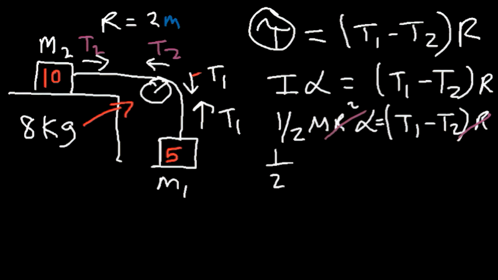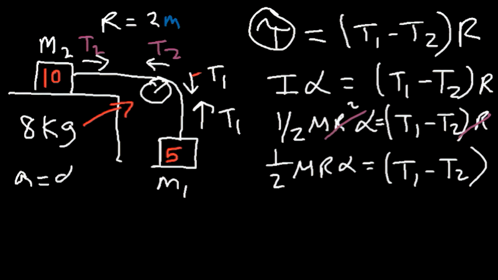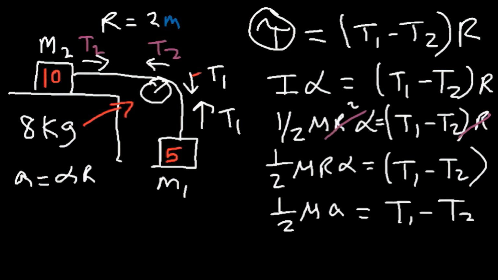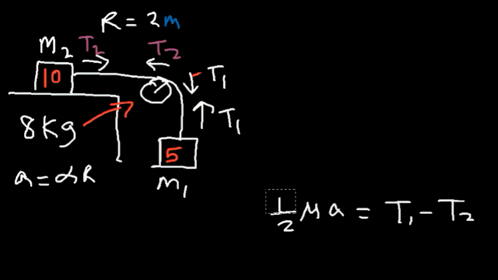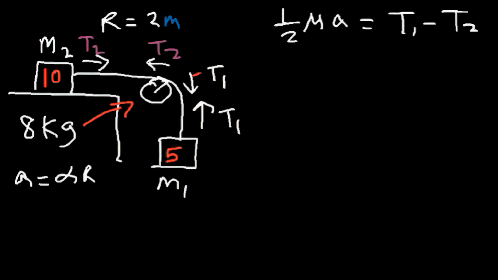So what we have is 1/2 m times r times alpha, and that's equal to T1 minus T2. Now, the tangential acceleration is alpha times r. So we can replace r times alpha with acceleration. So now let's save this equation. Let's come back to it later. We need to write the equations for the other tension forces. So let's just leave this over here for now.